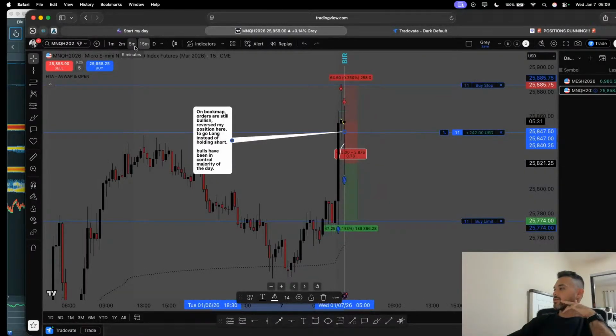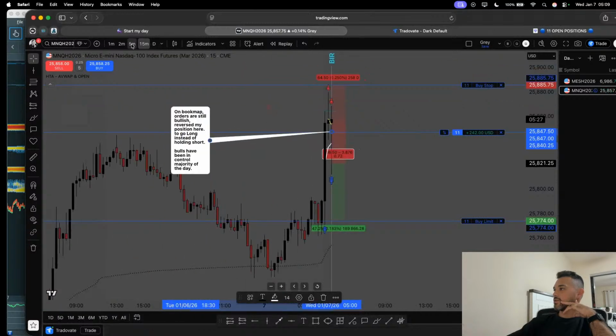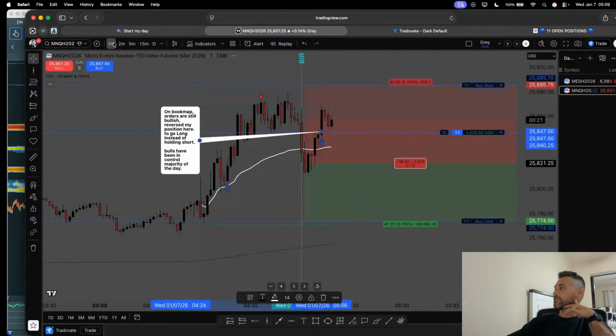15-minute. We have 5 more minutes before the close. Ooh, that is some ugly bars right there. So 3 trades in. Oh wait, Bookmap.